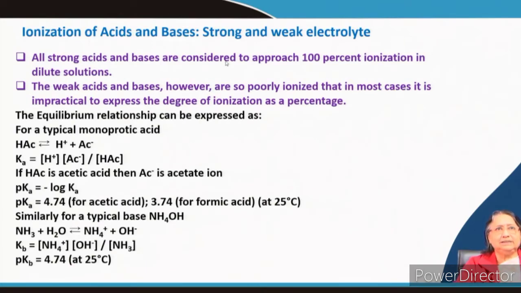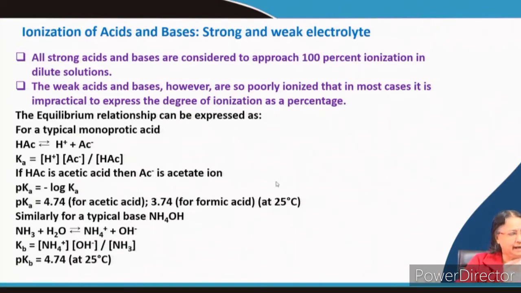But if you put, for example, a small amount of acetic acid in water, then it will not dissociate 100%. Only very slightly it will dissociate, and so it is called the weak acid or weak electrolyte. Weak acids and bases, however, are so poorly ionized that in most cases it is impractical to express the degree of ionization as a percentage.